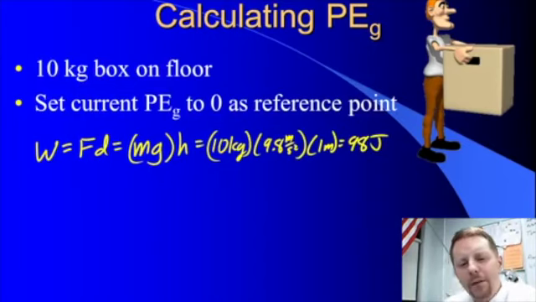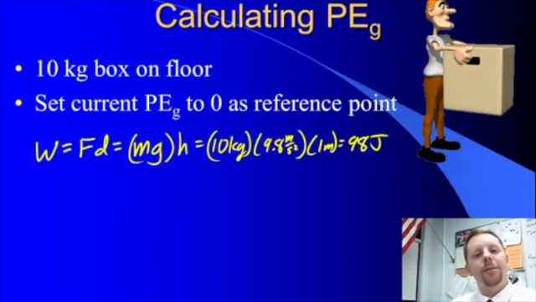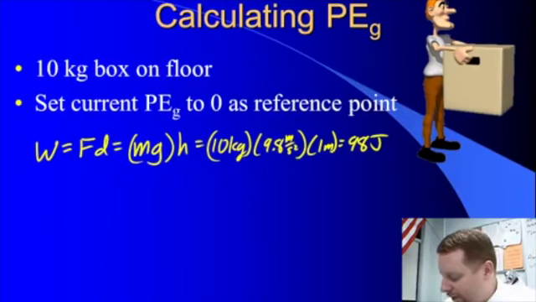So to raise the box to a height of 1 meter, we must do 98.1 joules of work on the box. The work that we did in lifting the box is equal to the change in the box's gravitational potential energy. So once it's 1 meter above the ground, it has a gravitational potential energy that's 98 joules higher than when it was sitting on the ground.